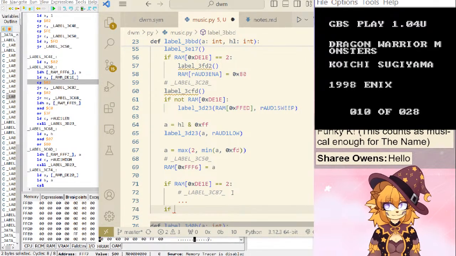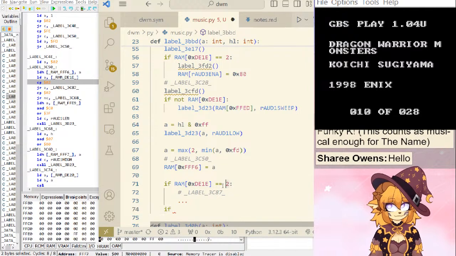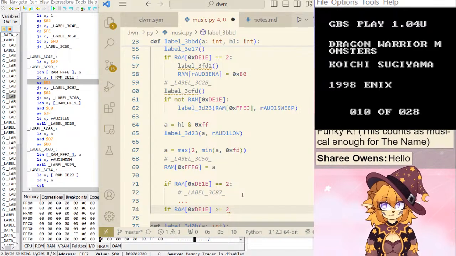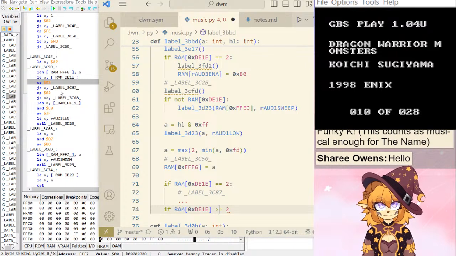Not C. So if it's greater than or equal to C. Wait. Yeah, okay. This is the JR. It's not coming back.